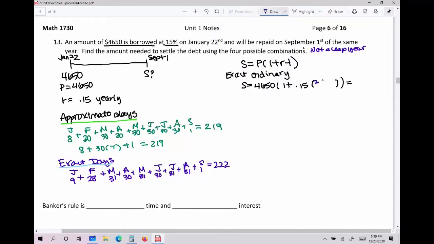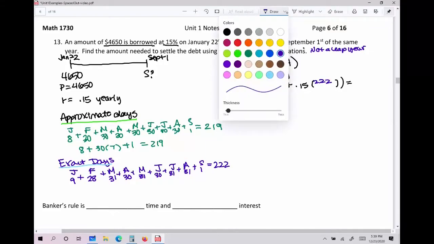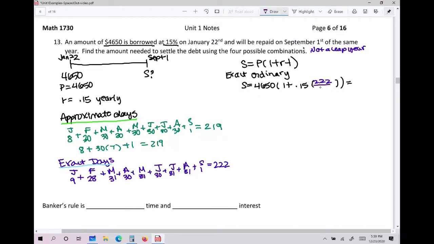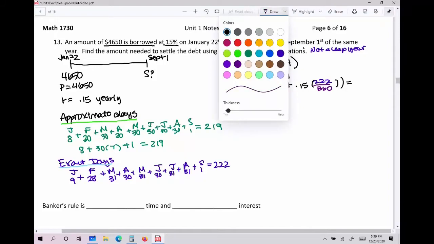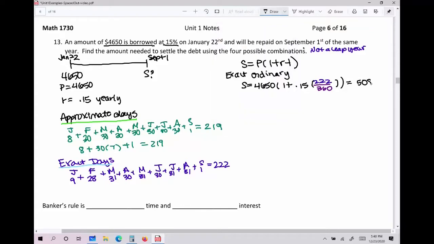So it's going to be 222. And then ordinary, we'll do in purple. So over 360. So again, same process as what we were doing before, just a bigger number. And this time our S is $5,080 and 13 cents.